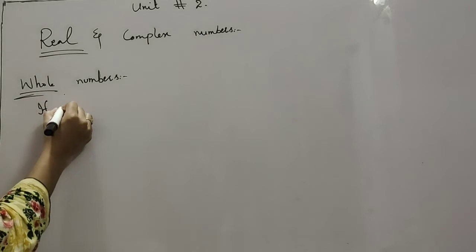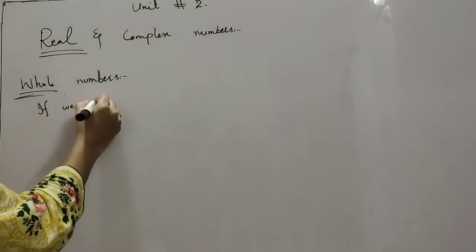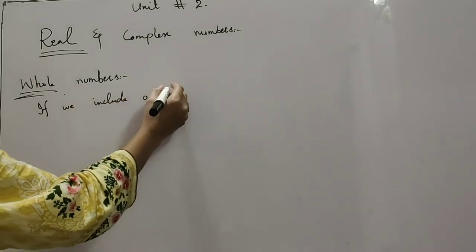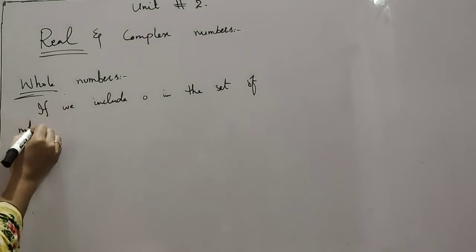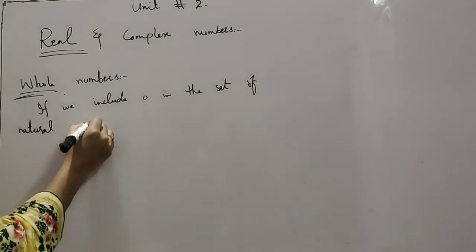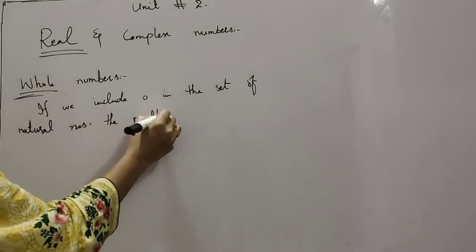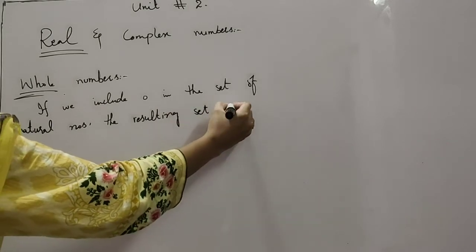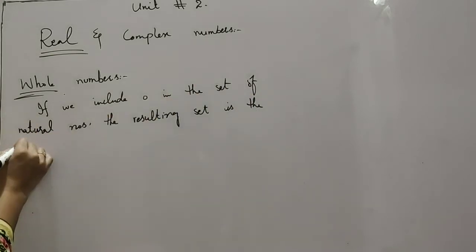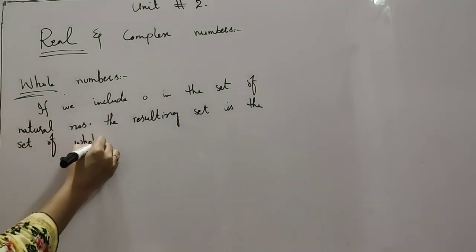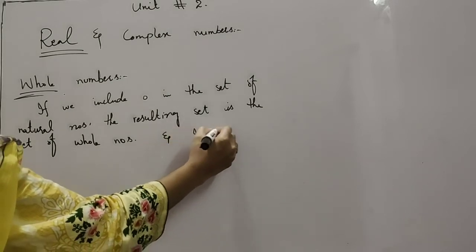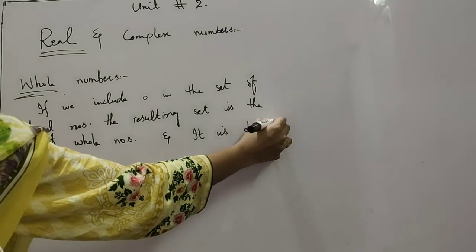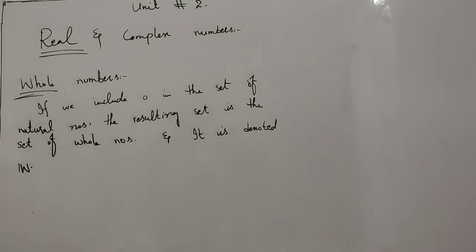If we include 0 in the set of natural numbers, the resulting set is the set of whole numbers, and it is denoted by W. Okay, so what is W? Whole numbers.